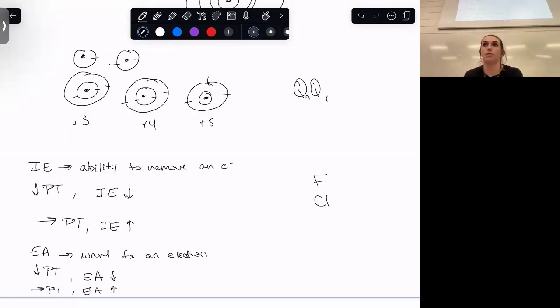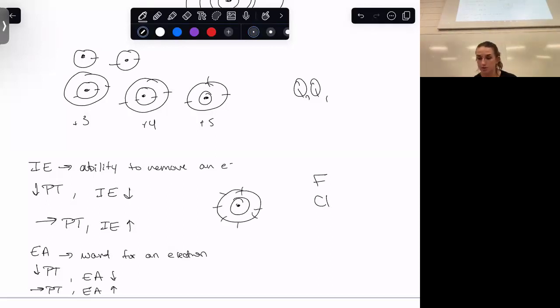But it's easier to remove electrons from the atoms that want electrons. No. So the ionization energy is your ability to remove an electron. So if we have fluorine, this has 1, 2, 3, 4, 5, 6, 7.